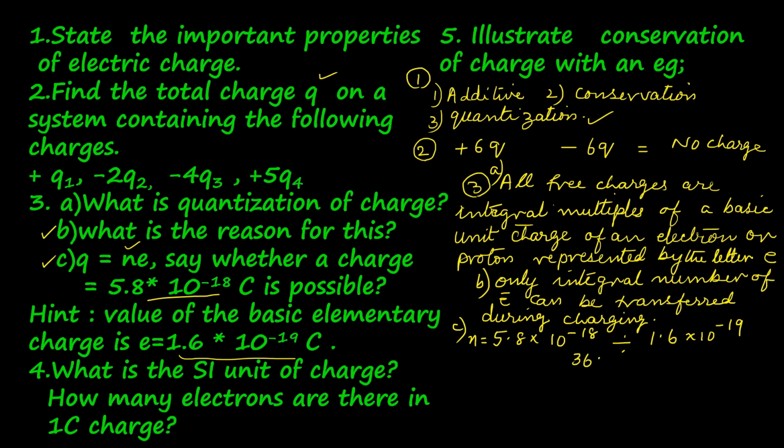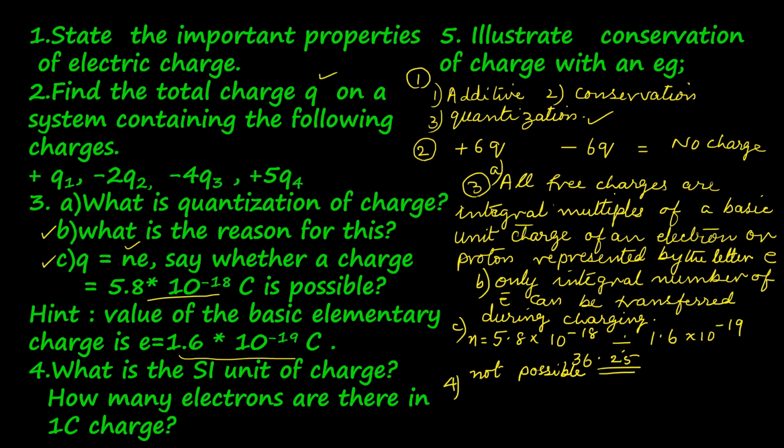On simplification, the value we get is 36.25. It is a fraction. As per the property of quantization of charge, fractions of charges cannot be transferred. So a body cannot have a charge of 5.8 into 10 raised to minus 18 Coulomb. This value is not possible.